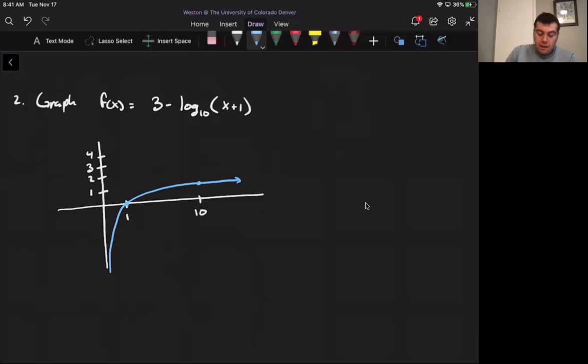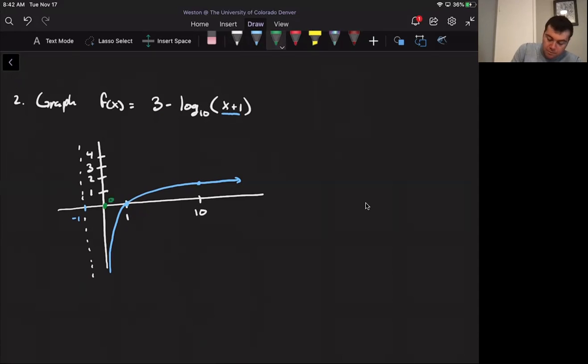Okay, so now we have an x plus 1, so that's a leftward shift, which actually shifts our asymptote as well. So now at -1, we have a new asymptote. And we'll just mark our important points, which we just shift over 1.